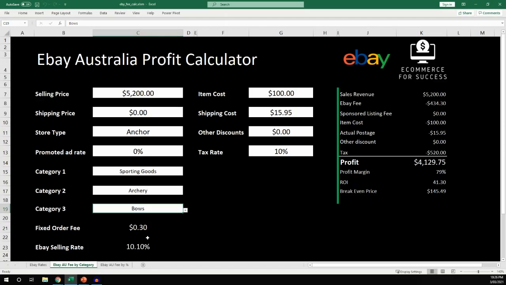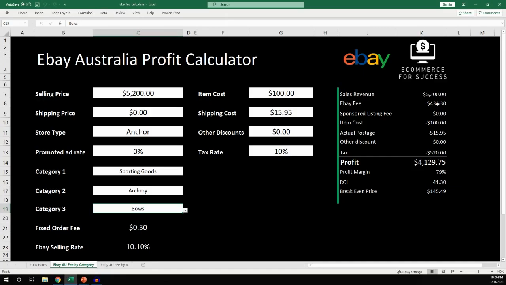So you can see immediately it's saying, all right, if we're going to list in that category, we have to pay a 10.10% selling rate. Now, when you start crunching the numbers, you can see immediately it's already calculated and told me this is how much profit I'm making. Now, this is a whopping amount for that item cost, but it gives you a view of what you'd make if you had this item.